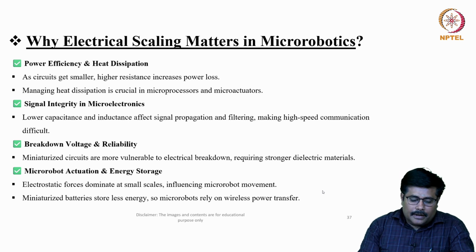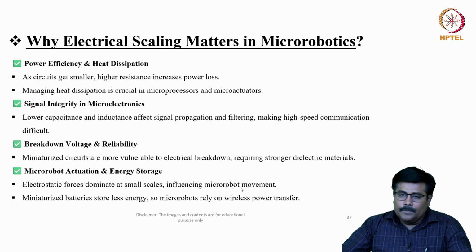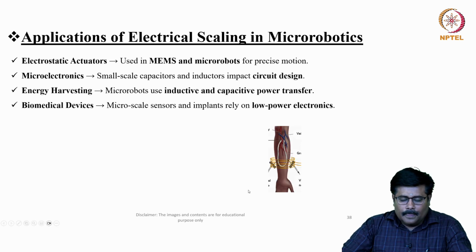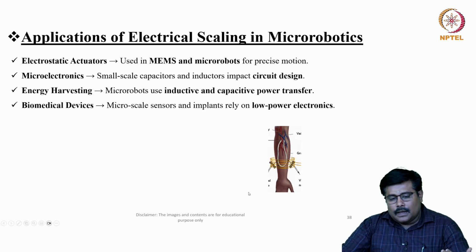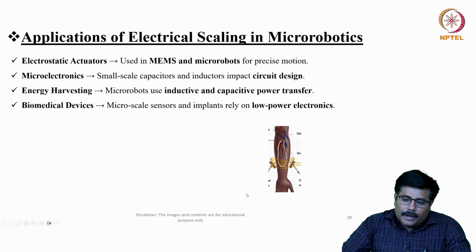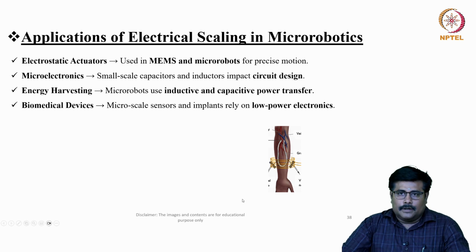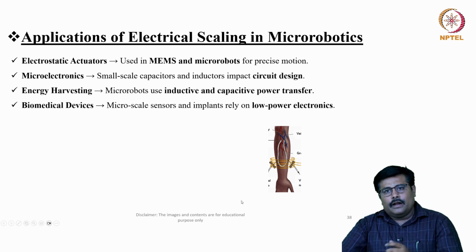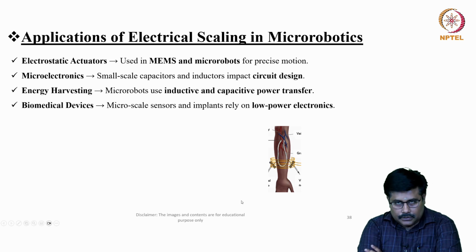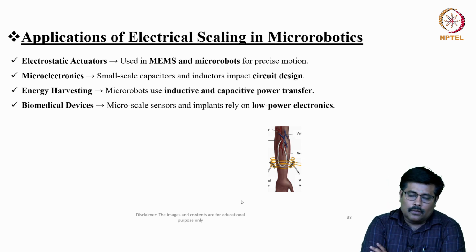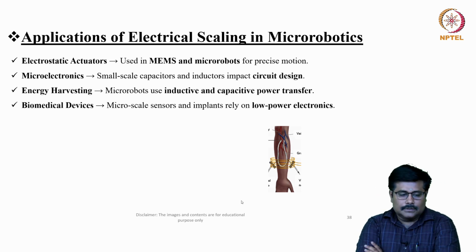A miniaturized battery stores less energy, so micro-robots rely on wireless power transfer. When we look at the applications of electrical scaling in micro robotics, we have the electrostatic actuator, which is used in MEMS and micro robots for precise motion.